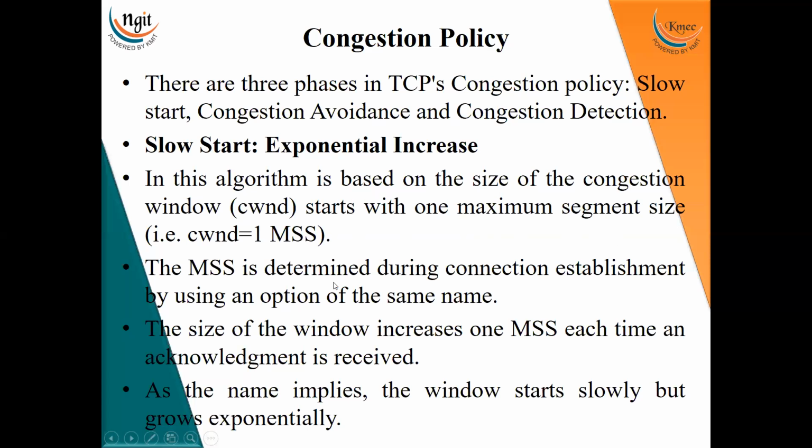The maximum segment size is determined during connection establishment by using an option of the same name. Here, the size of the window increases by one maximum segment size each time an acknowledgement is received. As the name implies, the window starts slowly but grows exponentially.